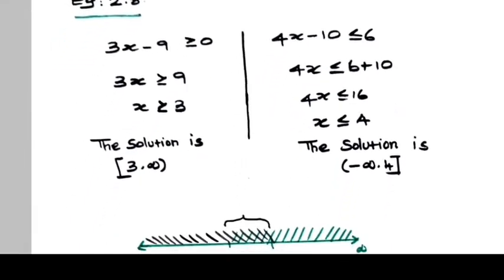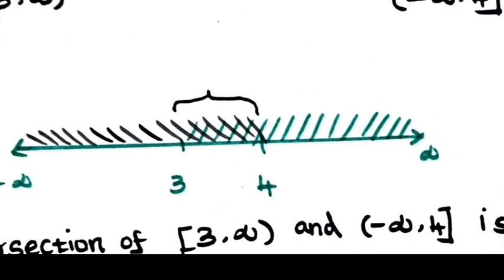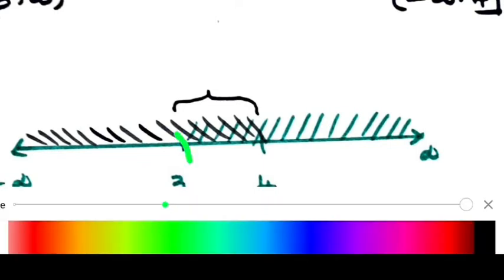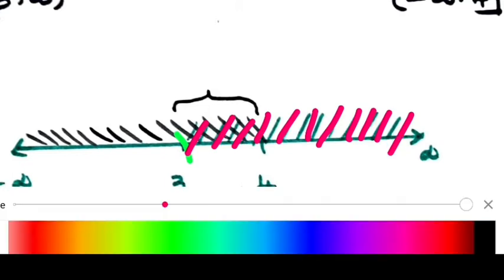From these two solutions we are going to find the value of x. On the number line we have two solutions. The first is 3 to infinity, and next is minus infinity to 4.